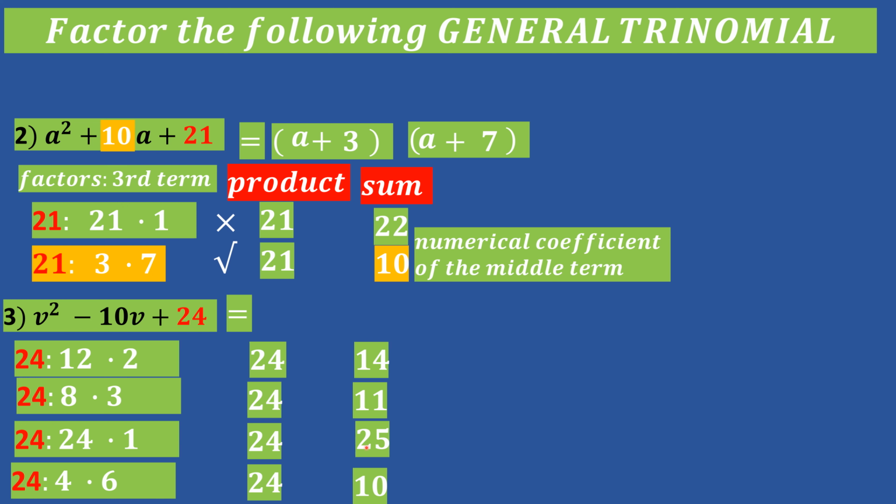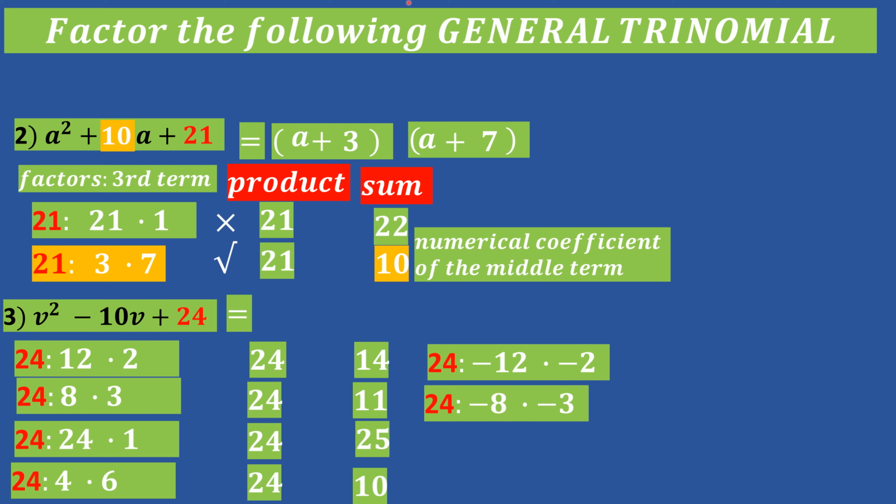But they are all positive. Remember, we get their sum to see if we can have a numerical coefficient similar to the numerical coefficient of our given. But there's no negative 10. They are all positive, so all these four sets of factors are incorrect. So let us try another set of factors.